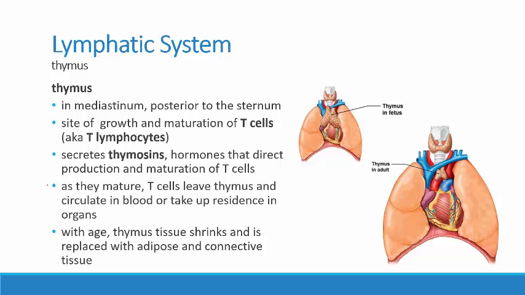And then once the T cells are fully mature, they'll leave the thymus, circulate in the blood, and take up residence in lymph nodules that are found throughout the body, as well as other organs.